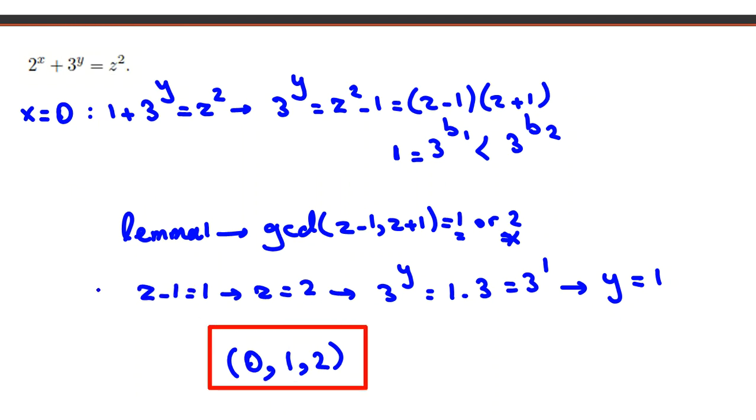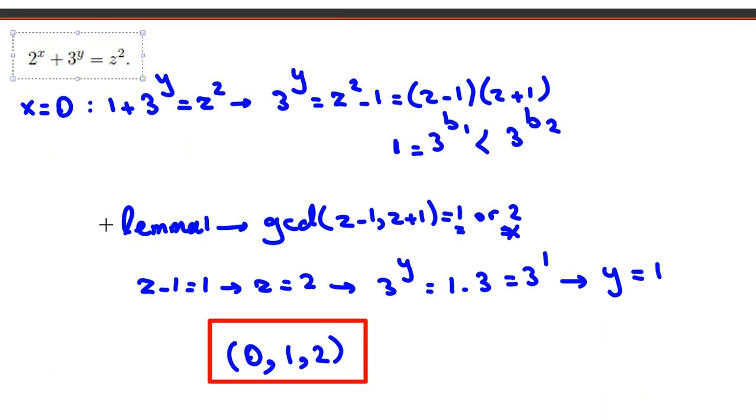Now let's focus on when x equals 1. Again, we copy this and consider when x equals 1. So here 2 plus 3 to the y equals z squared.